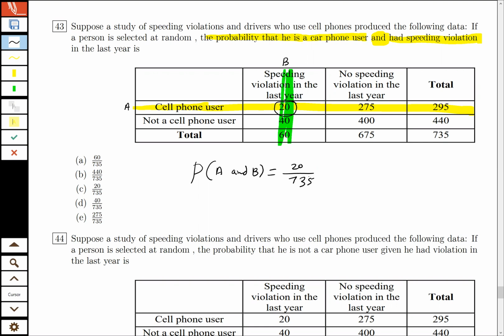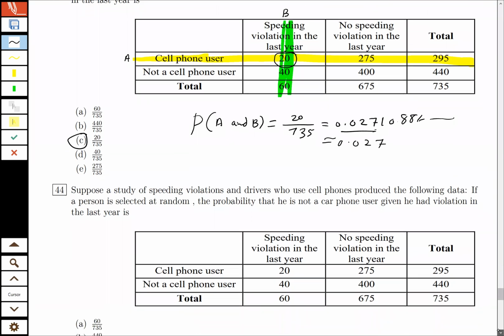If you want it in decimal, that will be 0.0271088 and so on. So if he made it 3 digits, that will be 0.027. Anyway, he gave it to you as a fraction, 20 over 735.